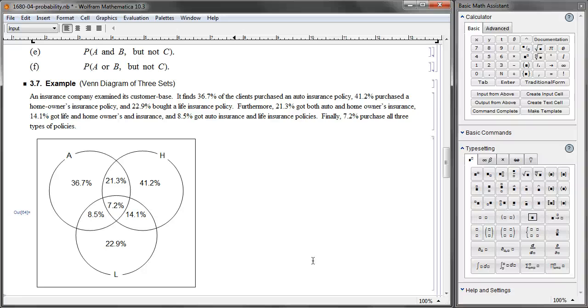Now, I claim, out of all these numbers, there's one number that is correct. Everything else is wrong. Which number is correct here? The correct number is right in the middle, 7.2%. This one is correct. Everything else is wrong.